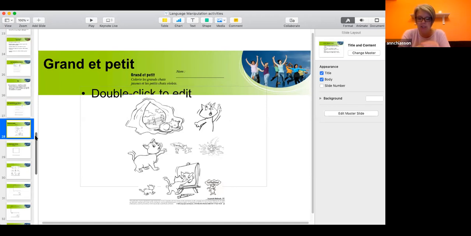So I have these very tiny characters and these very large characters, and we're sorting them together. So I'm doing it in a very dramatic fashion. So I have them all in a pretty bag, and then I pull one out. Oh, and it's like a huge loup foufou. And so I gesture, le loup foufou est grand.